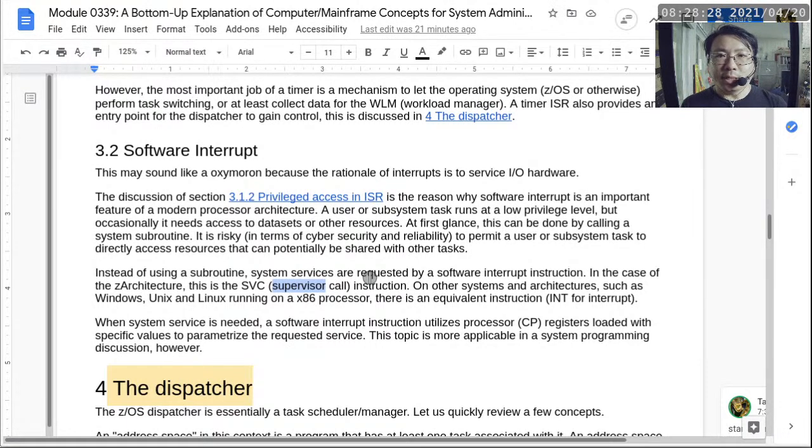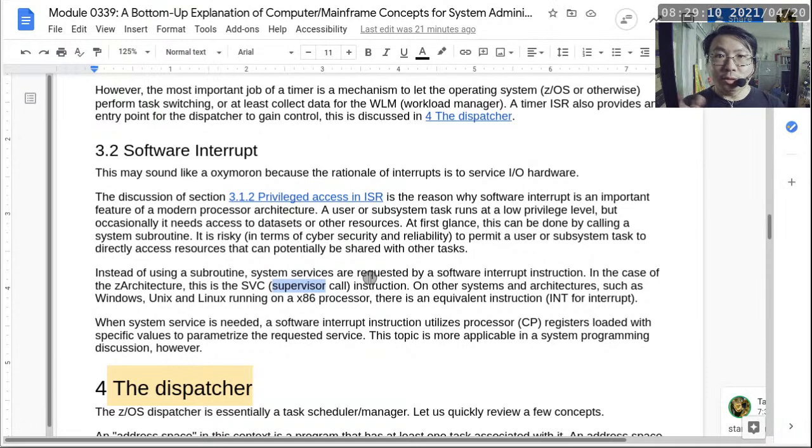And this particular mechanism of using a software interrupt to request the operating system to do something, this is the handoff, is not unique to IBM mainframe computers. Even back in the DOS days, even in PC DOS, which is the operating system of IBM PCs from the 1980s, even DOS uses what is quote-unquote equivalent to a software interrupt, so that WordStar or some application program can ask DOS to do something for it.